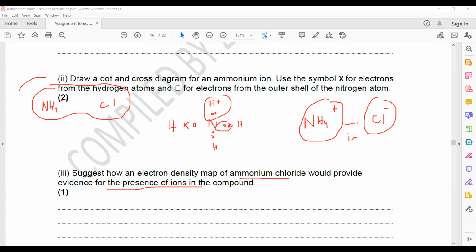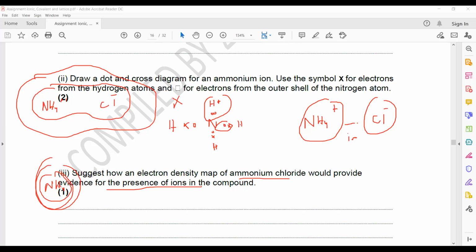It should be like this. But this is not covalent, so there are separate electron density lines for the positive ion and separate electron density lines for the negative ion. So the electron density map shows that it is ionic, not covalent.